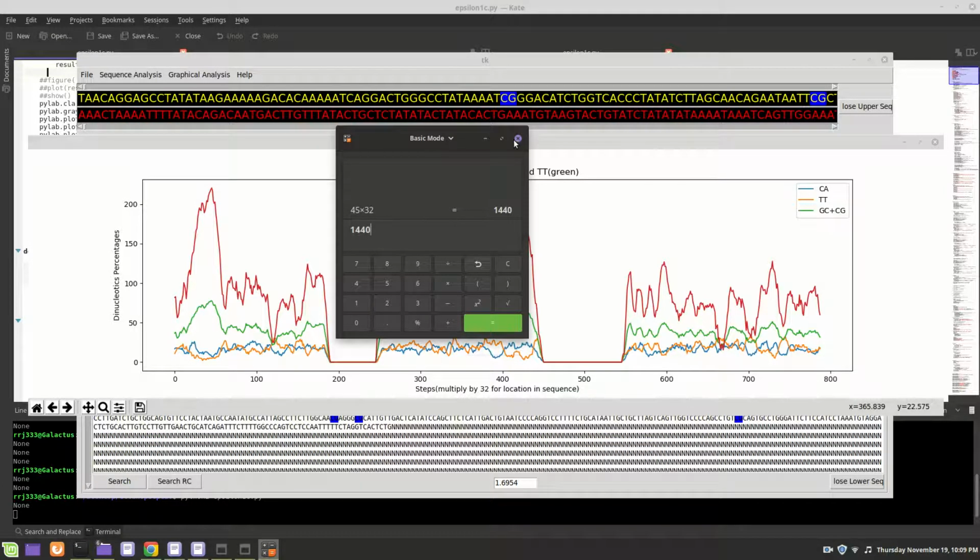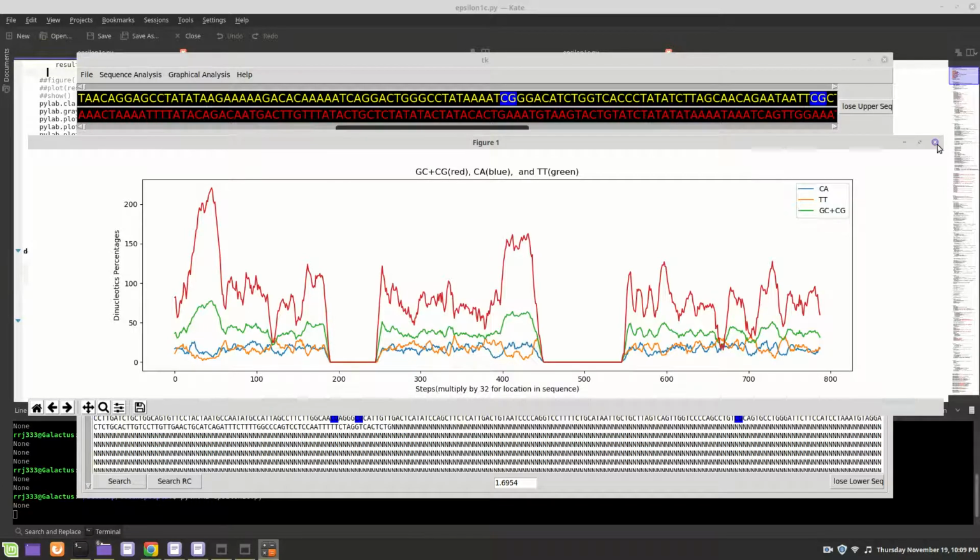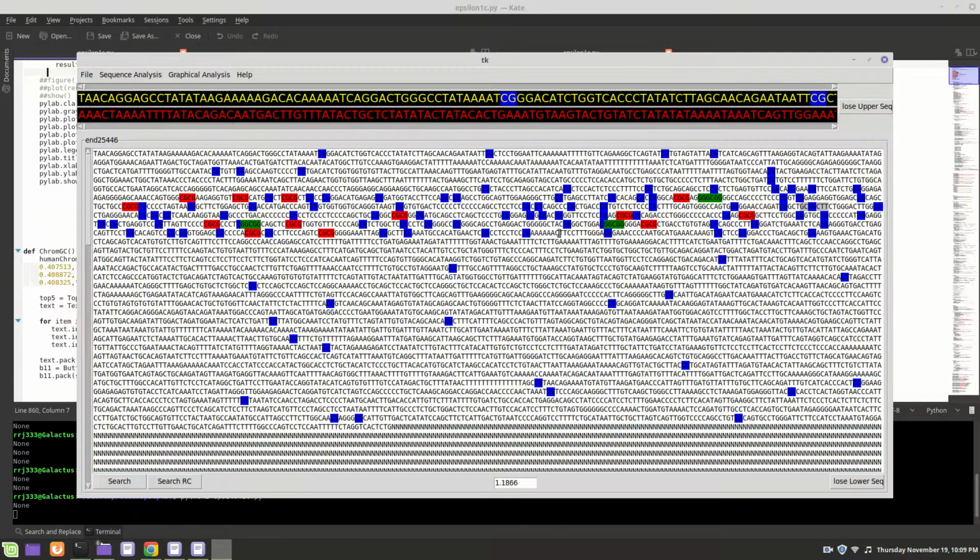That's 1,440. It's about the same place. So this is pretty consistent. It's telling us that, at least by this method, we would guess that the transcription start site is right here. All right. Now let's do something else.